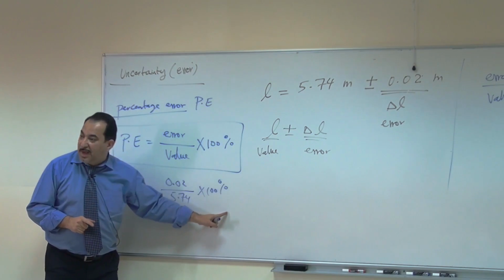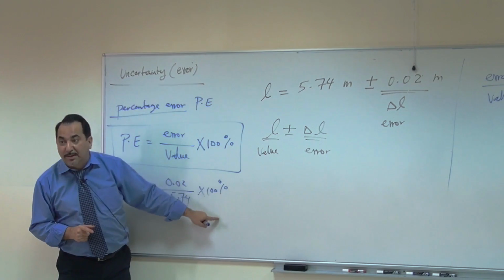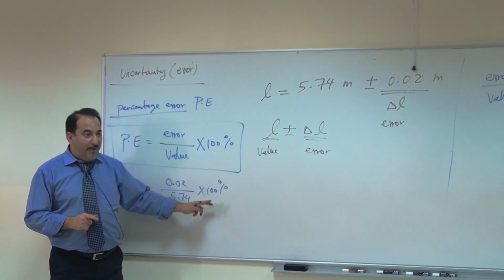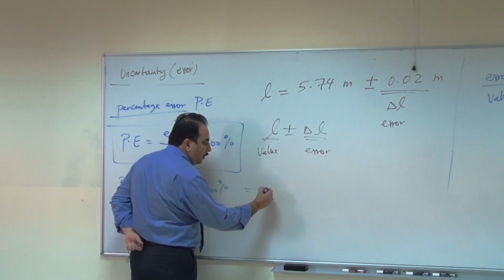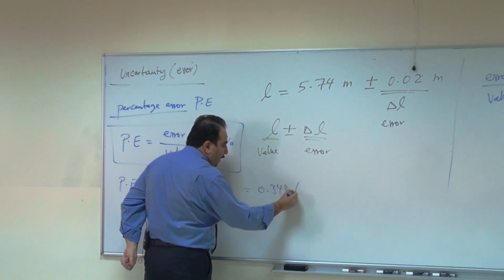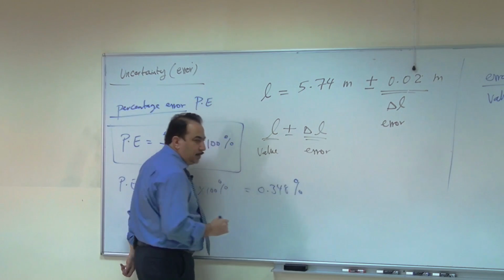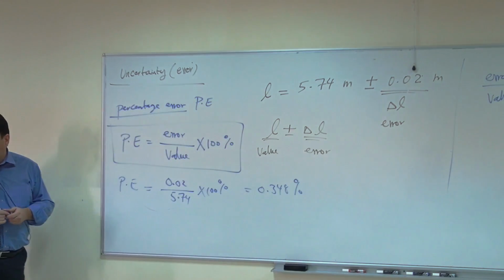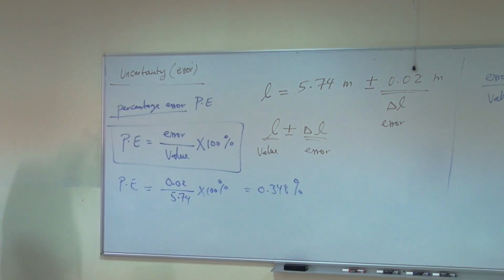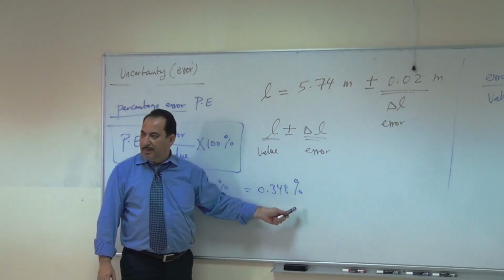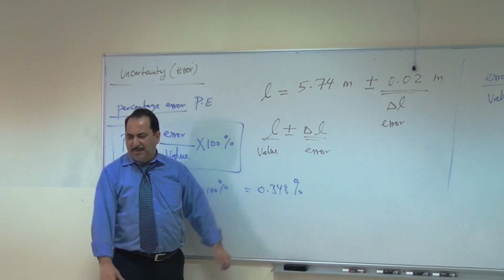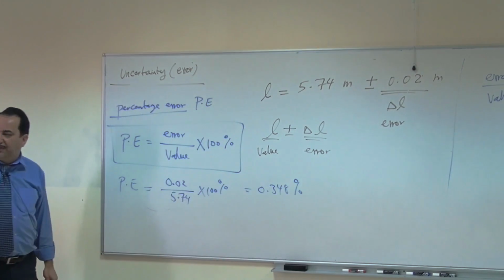Leave the percentage sign. This is 100 per 100. 0.348%. Do you agree? 3, 4, 8. Yeah, fine. You don't have to put too many significant figures.